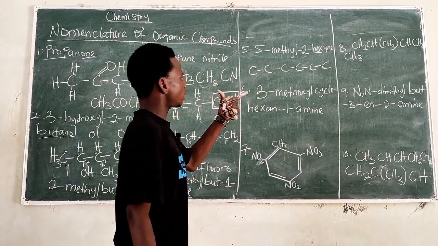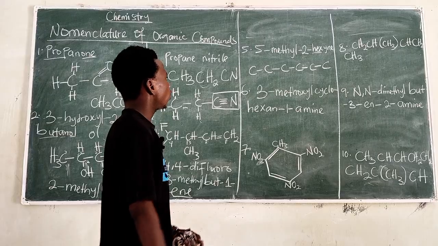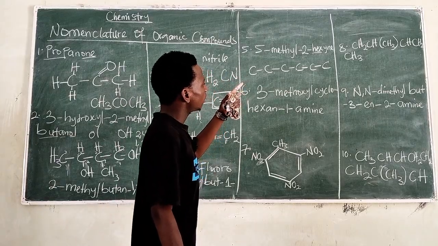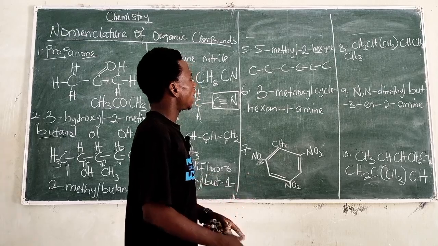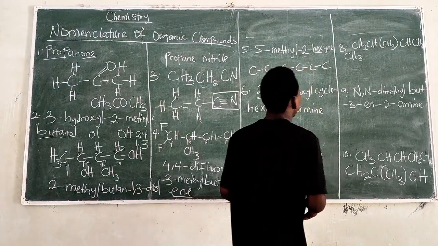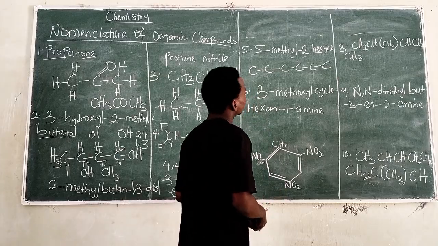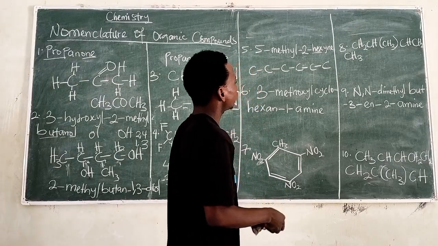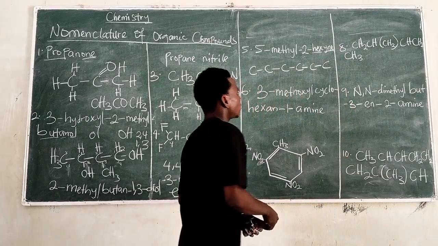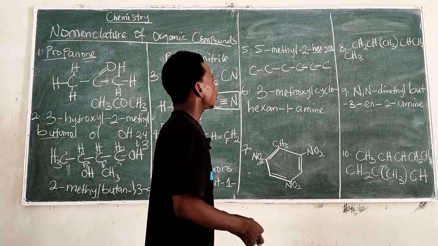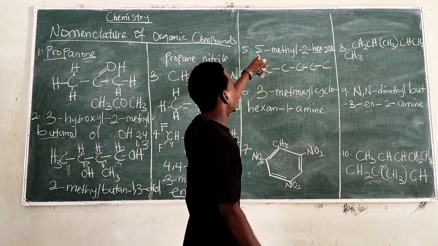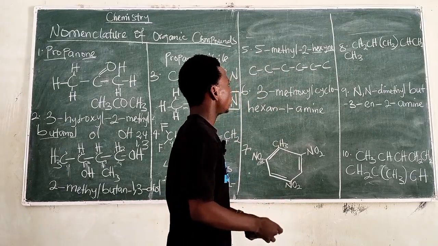But then on position 5, we have a methyl. And then 2 here is indicating that on position 2 we have a triple bond because of the alkyne family. The functional group in this case is alkyne. So on position 2 we have a triple bond, and on position 5 we have a methyl.